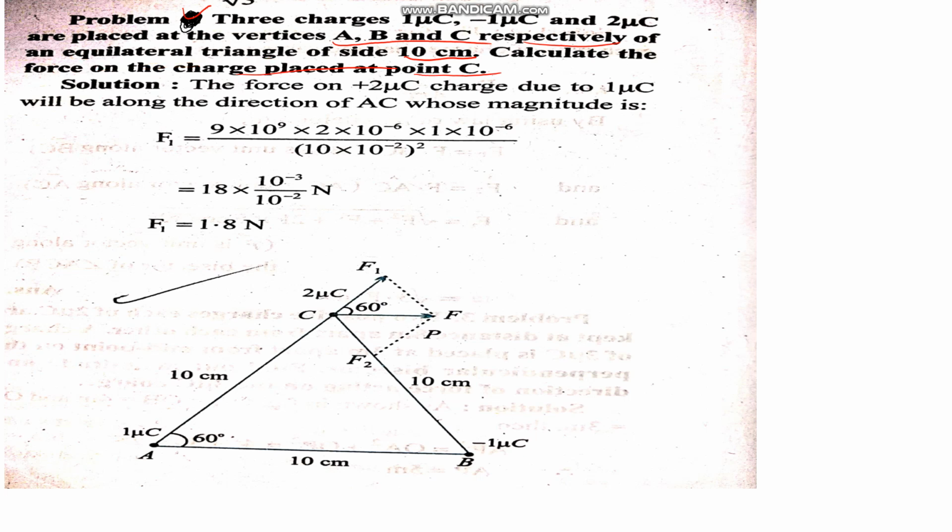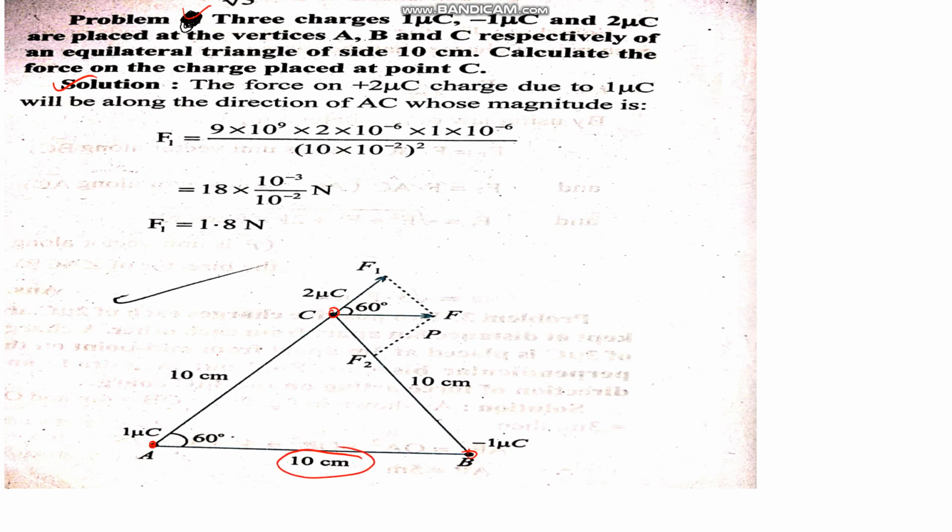So first we have to draw the diagram for the given situation. The force on the plus 2 microcoulomb charge due to 1 microcoulomb will be along the direction of AC. See, these are the three charges placed at the vertices of an equilateral triangle.